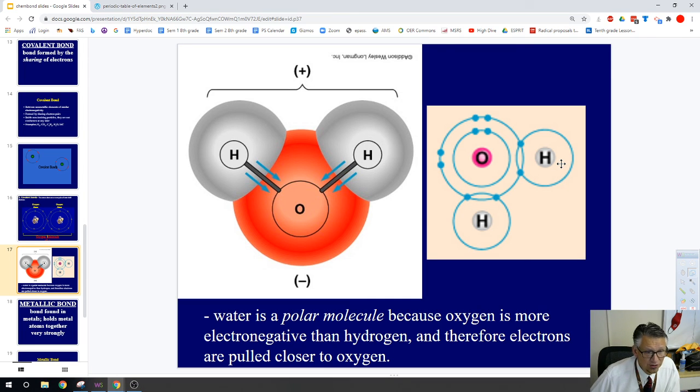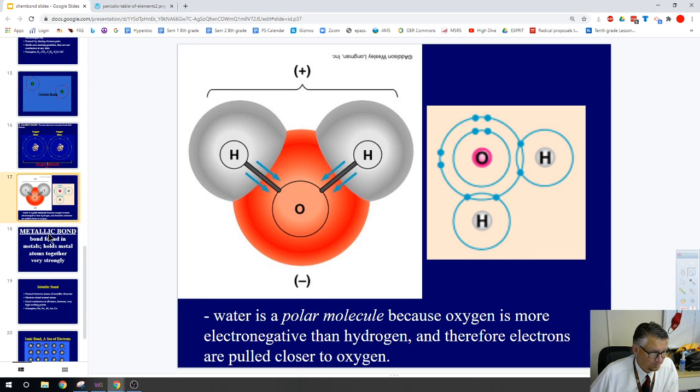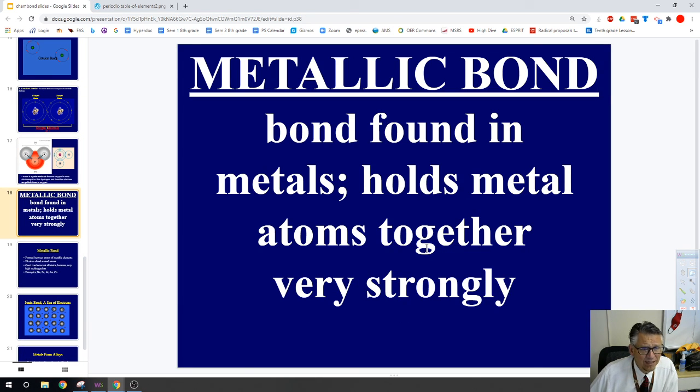If water sticks to itself, it's called cohesion. If water sticks to something else, it's called adhesion. And you did a water unit last year in 7th grade, and that's why I don't do a water unit in 8th grade anymore.